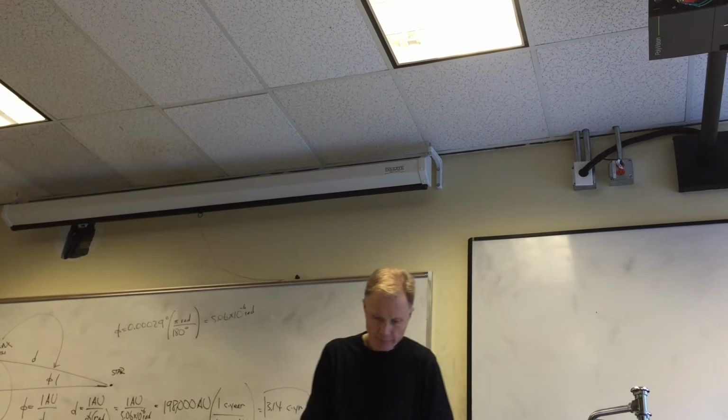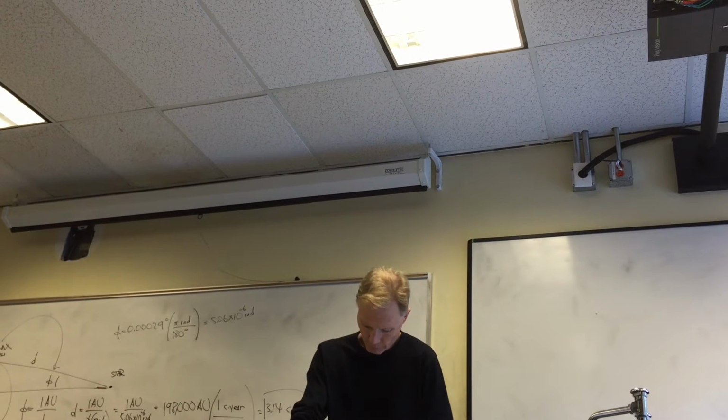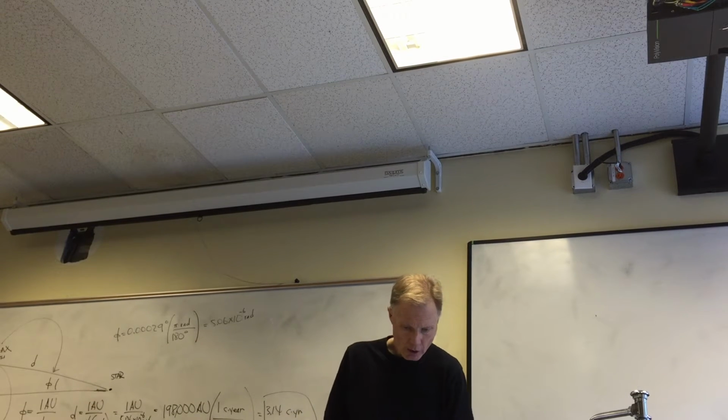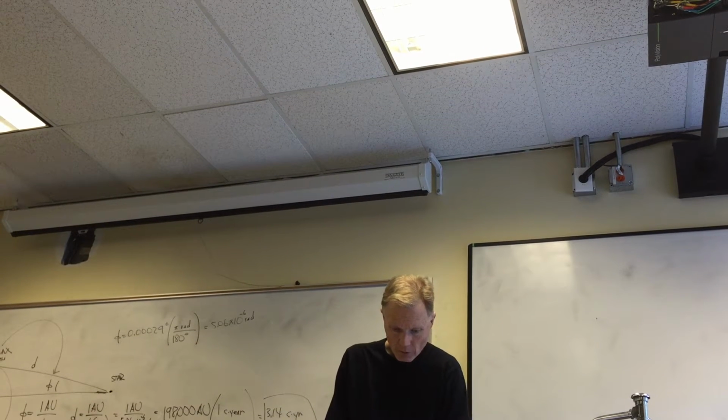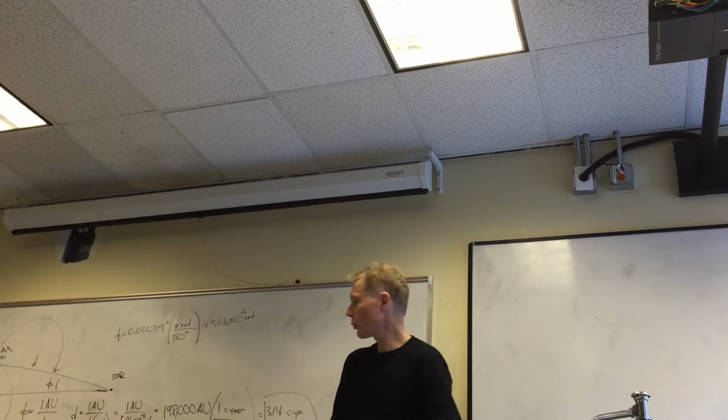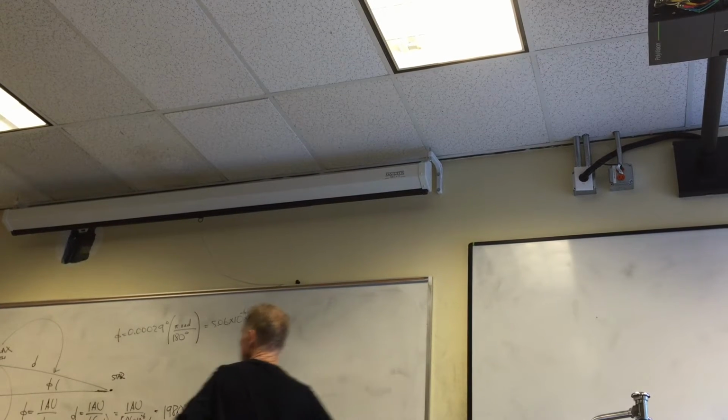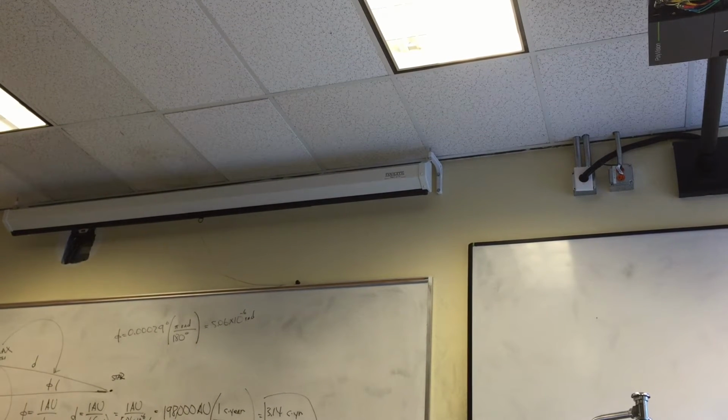Let's look at 15. So, 15 is a type 3 problem, so I guess you got to be really careful on this one. I don't think it's really a type 3, they just put that in there.